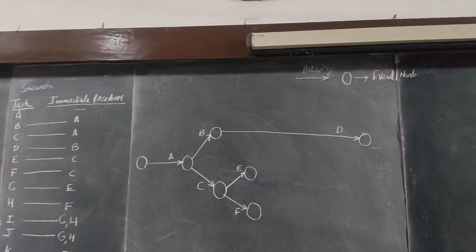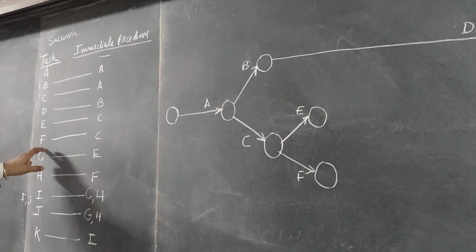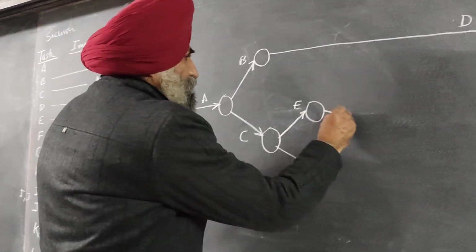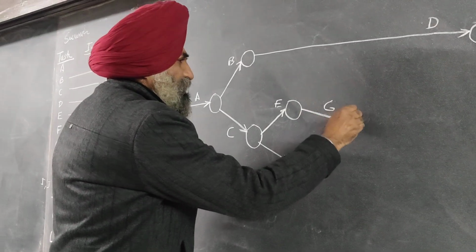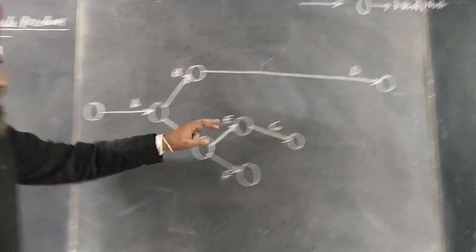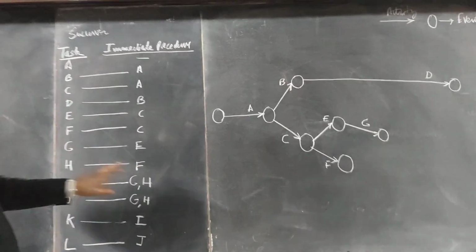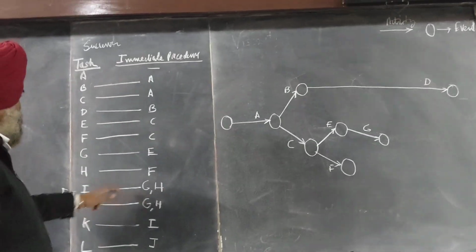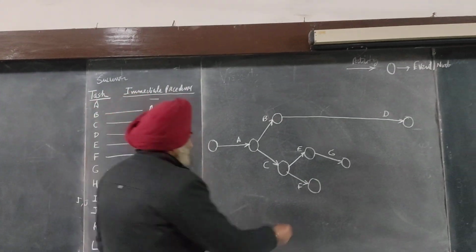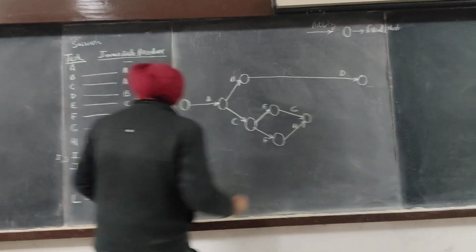So this is E and F. Another thing, the G activity: for this the predecessor is E. And similarly for F, this H has to be completed. Why am I merging here? I will show you in the next iteration.